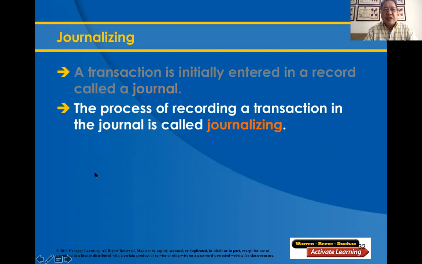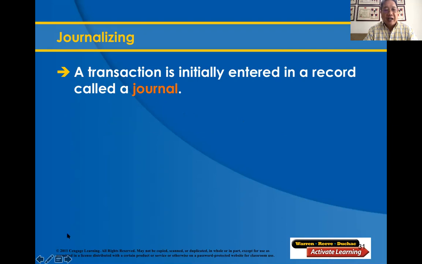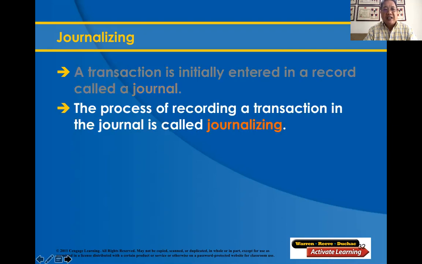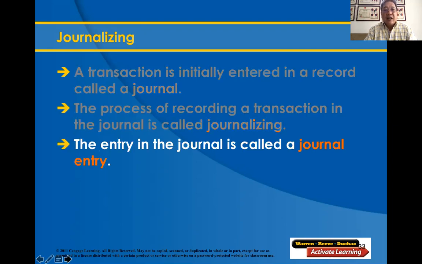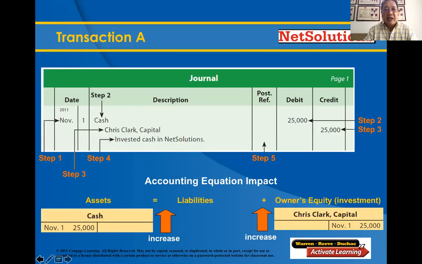The process of recording is journalizing. Saan ka nag-journalize? Sa journal. Journalizing is the process. And the entry is called a journal entry. Pagkatapos mo magawa yon, ang tawag na doon ay journal entry. Balikan natin ng konti. Journalizing, debit cash, credit, capital.